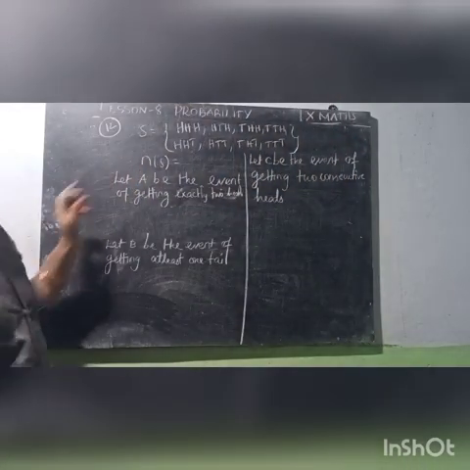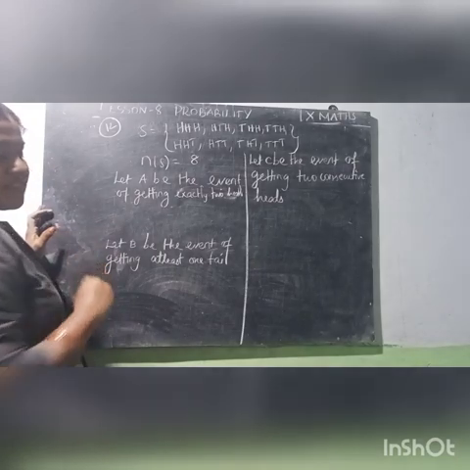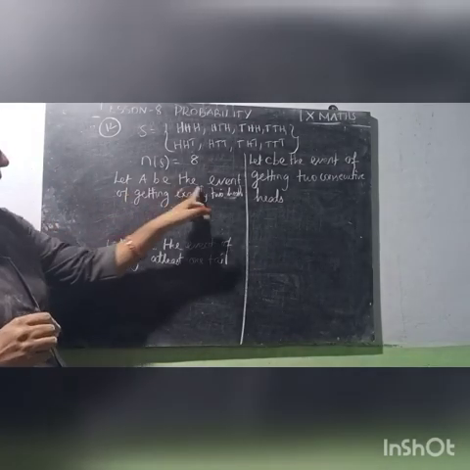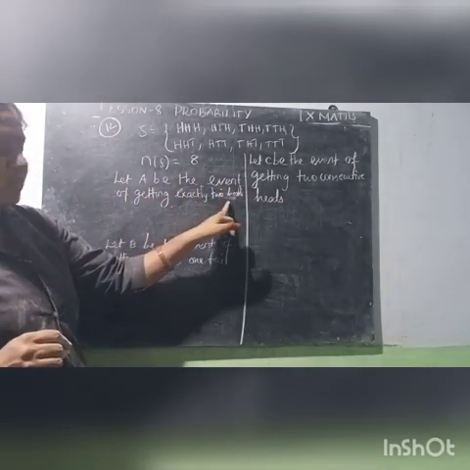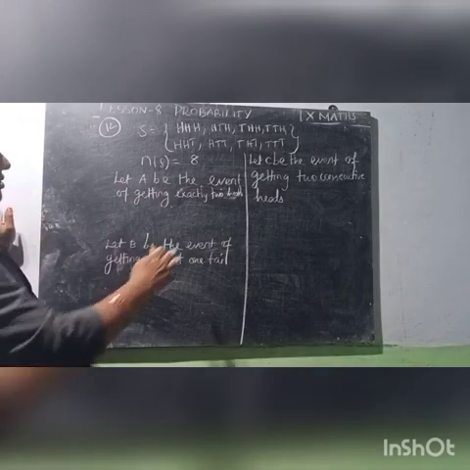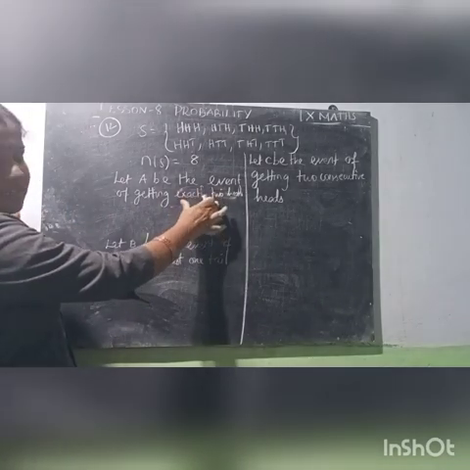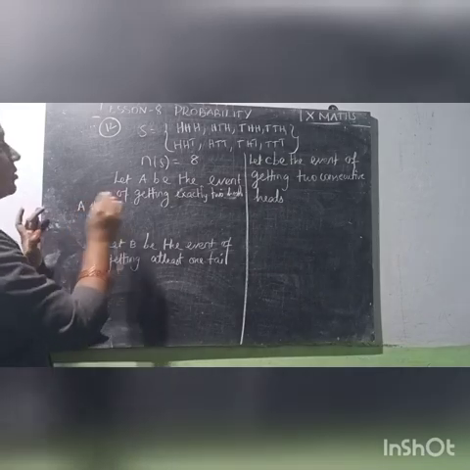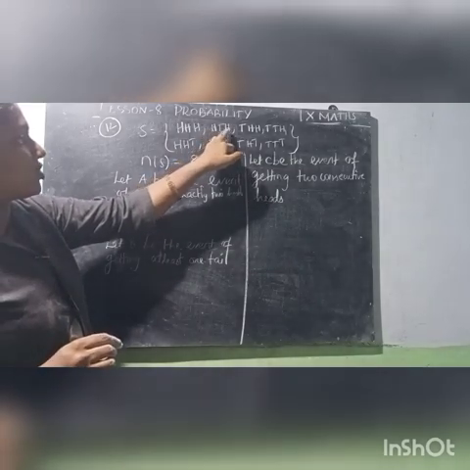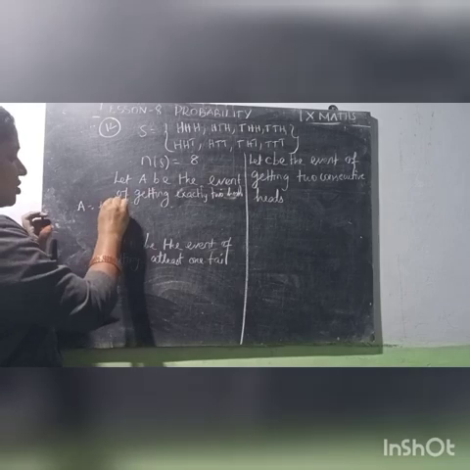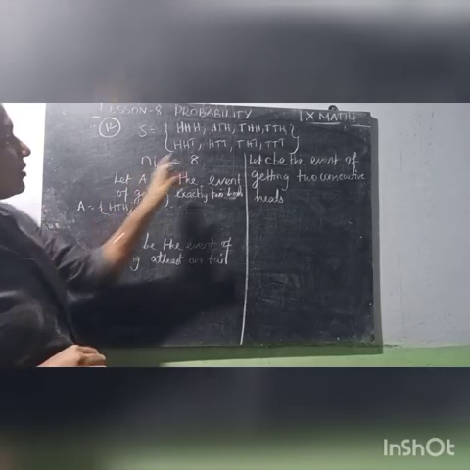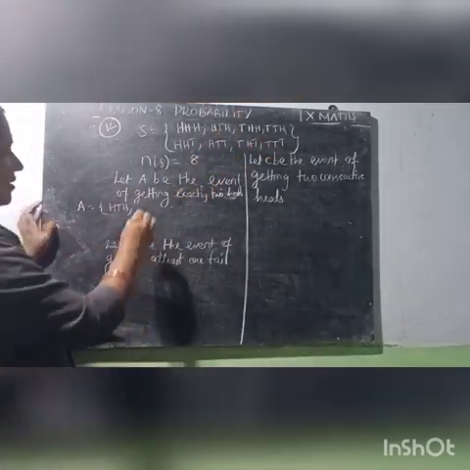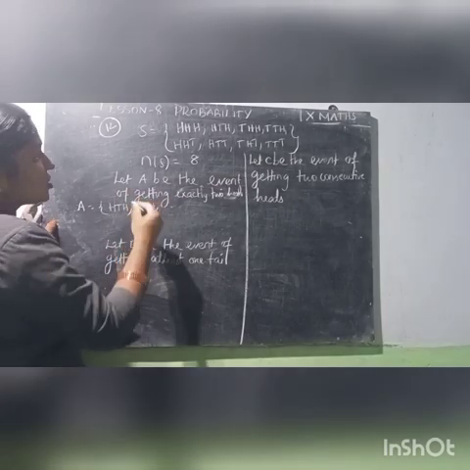First we want to write the sample space. So the number of sample space is 8. Let A be the event of getting exactly 2 heads. It should not cross 2, so we should select only the 2 heads events. So A equals HTH, THH, and HHT.